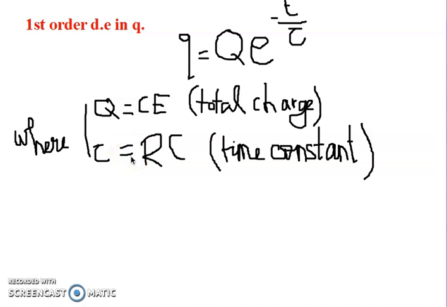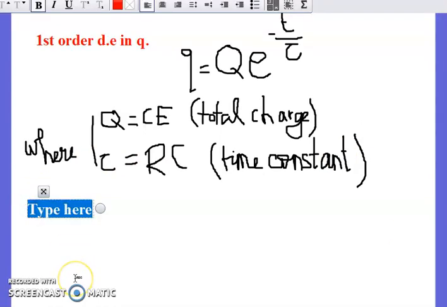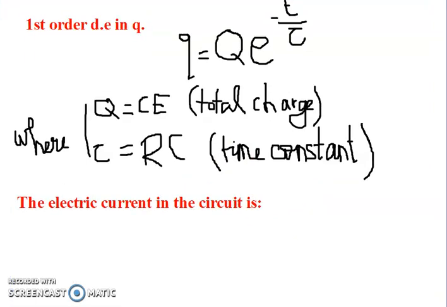Okay? Now, what is the electric current in the circuit? Let's find the electric current. The electric current in the circuit or in C, the same, is, you know, I equal minus Q prime, right?